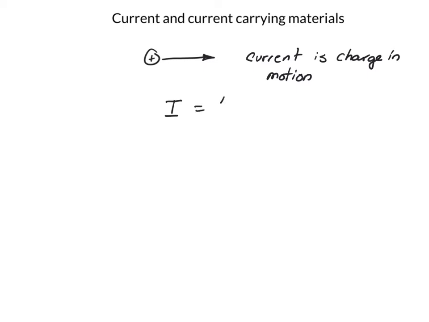And that's going to be equal to the change in the amount of charge, Q being the charge, divided by time. That might look a lot like velocity. Velocity is defined as change in position over change in time, which is given in units of meters per second. Current looks almost the same way, only it's coulombs per second.